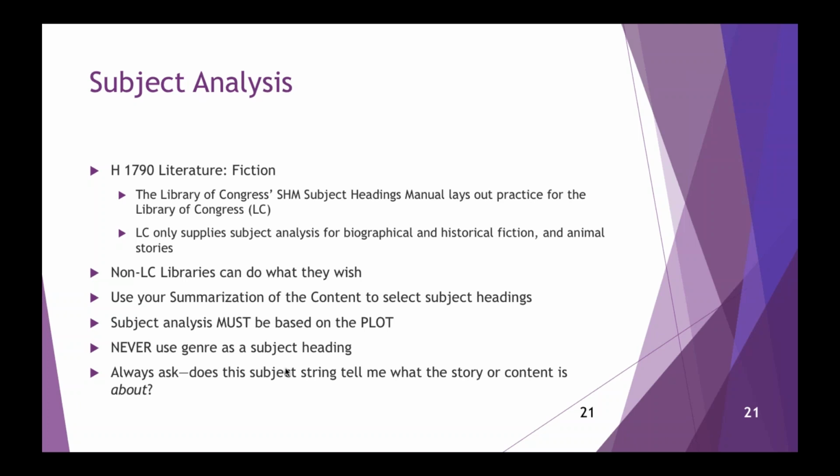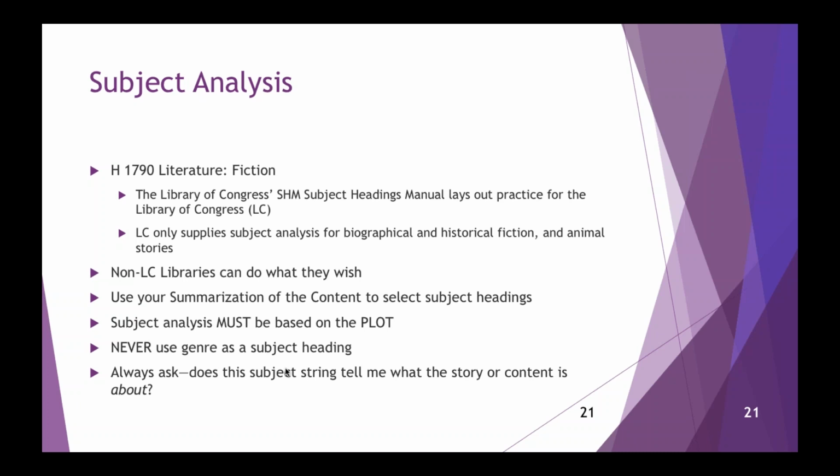So in the Subject Headings Manual at H1790, that is where you will find information about doing subject analysis for fiction. And the Library of Congress has very specific guidelines on when they do and when they do not do subject analysis for fiction.